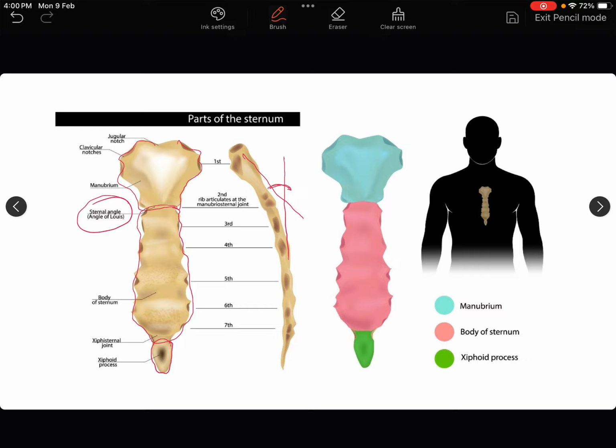Trachea bifurcates posterior to the angle of Lewis. You have to remember this. Okay, and it correlates with the vertebral level T4 and T5. And second rib articulates at the manubriosternal joint.